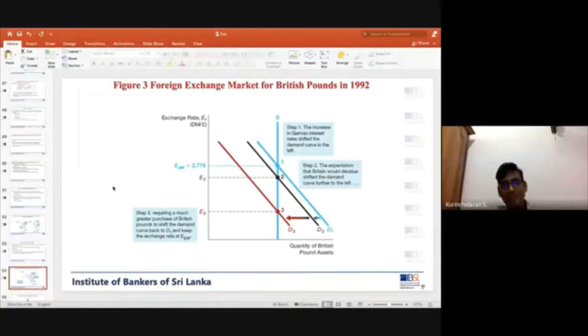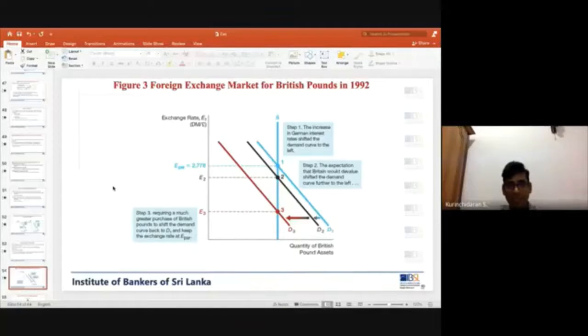In step 2, the expectation that the British pound would devalue shifts the demand curve further to the left. People also may be thinking the British pound is going to be devalued, so that also shifts the demand curve further. This is the speculation result.